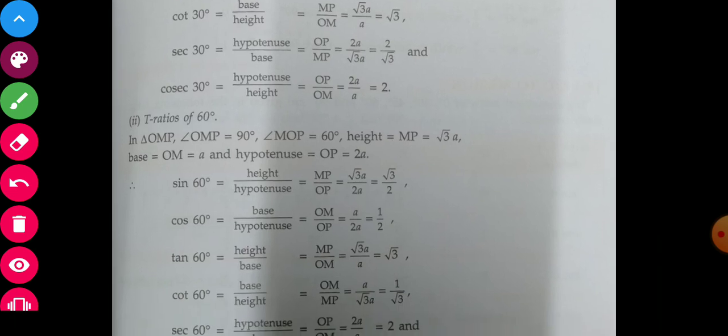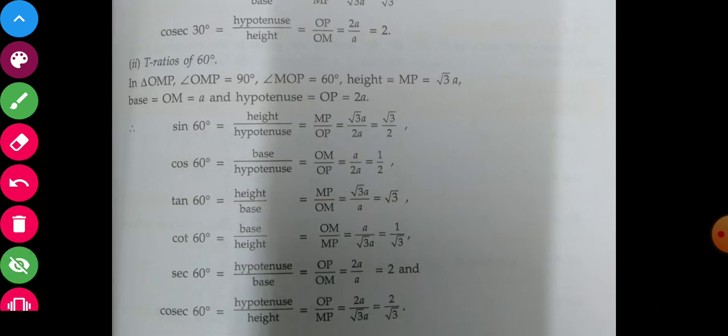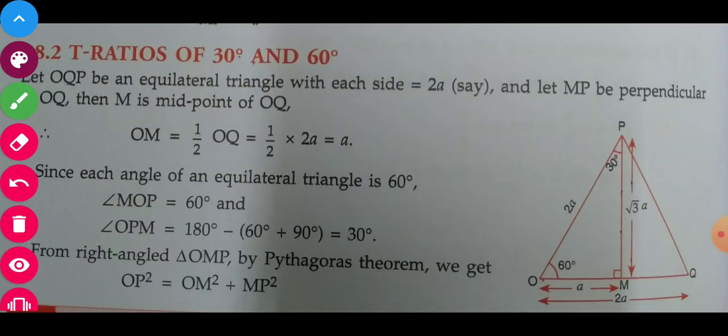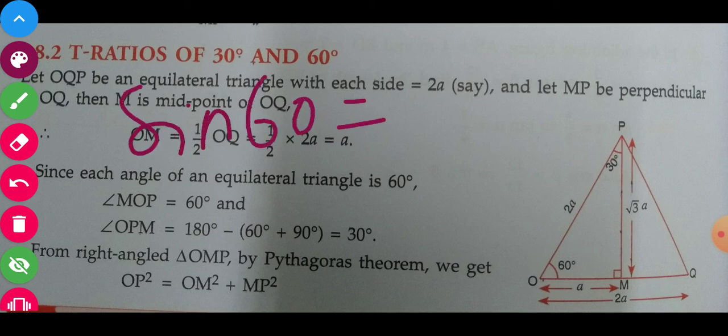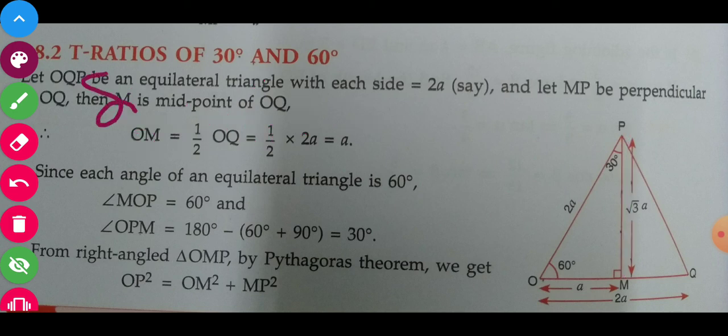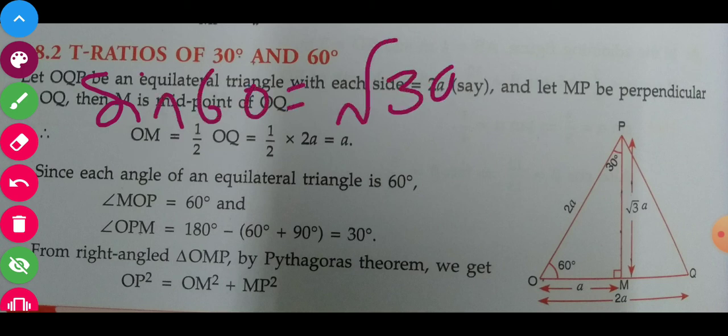What about 60 degrees? When my angle is 60 degrees, again a similar thing we are going to do. In this triangle, this angle is 60. So let us find sine 60. What is sine 60? Sine 60 is height upon hypotenuse. So height here is root 3 a, right? So my sine 60 is equal to root 3 a upon my hypotenuse 2a.